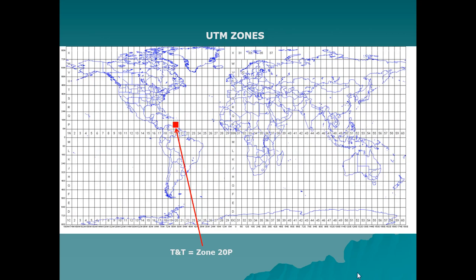So here are the UTM zones I was referring to, and you will see the zone numbers along the y-axis as well as along the x-axis. Trinidad and Tobago is actually located in zone 20P. 20, you can find that along the x-axis, and it's P if you read along the y-axis.